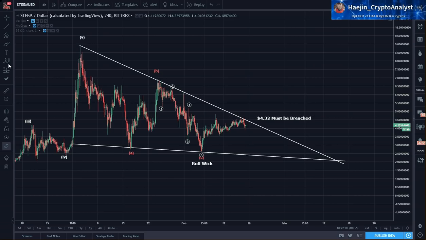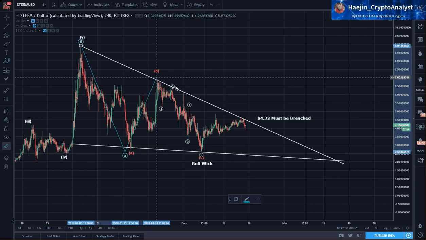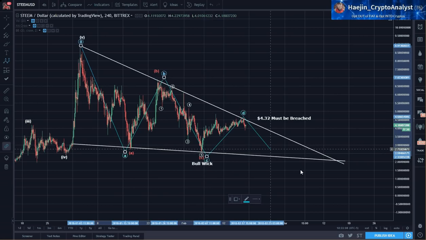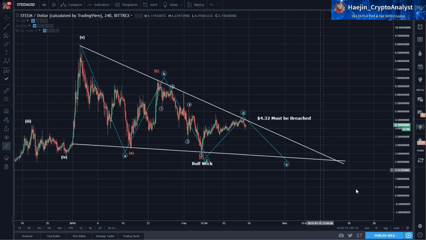Now I would be able to label this as A, B, C, D, and E. So it's pretty important that we breach this top line.